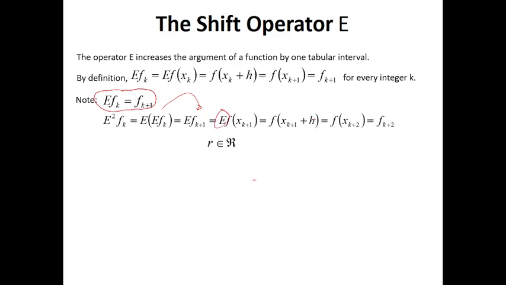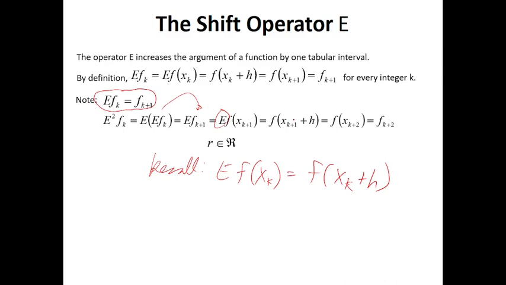Kasi recall nyo, E f of x sub k, the first shift of the function, para mawala yung E, lagyan mo ng h, mag-add ka ng h sa argument. O, nawala na yung E. So, nawala na yung E dito kasi naglagay tayo ng h dito sa argument. Okay?